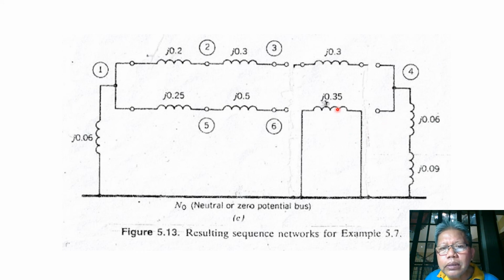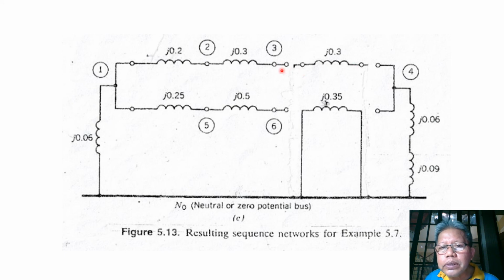Now looking at this zero sequence equivalent network, with respect to bus 3, we want to trace the circuit which has a complete connection from bus 3 towards the reference axis in O, no? So here first we start going to the right.